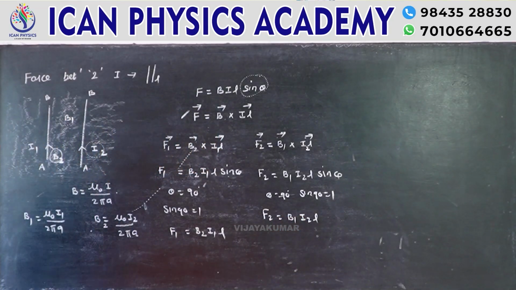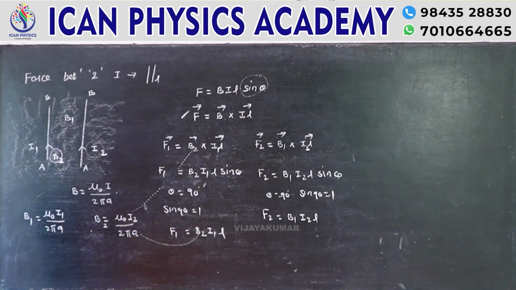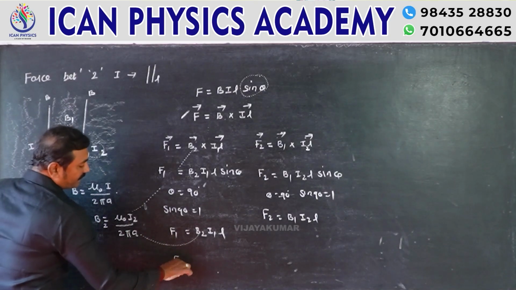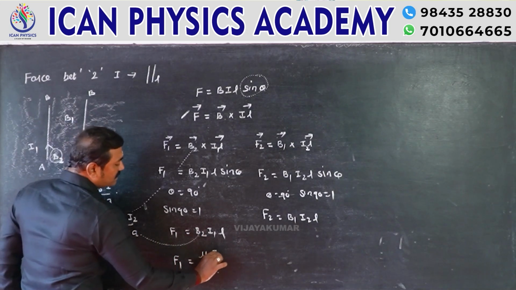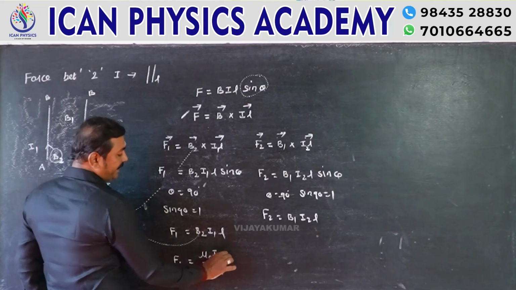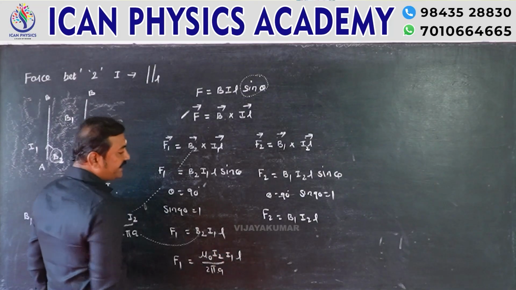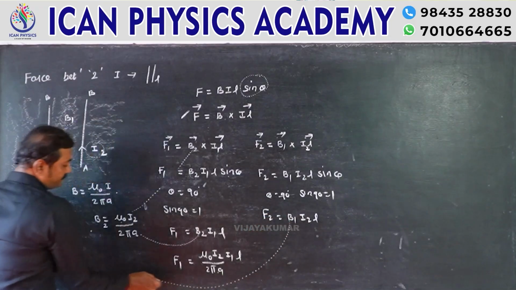Now substitute the value of B2. F1 equal to μ0 I2 by 2 pi A into I1 into L. Now substitute the value for B1.